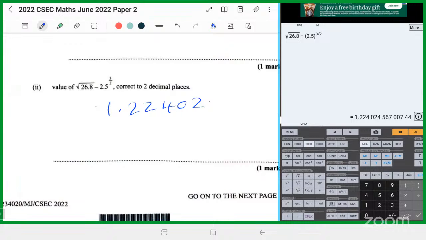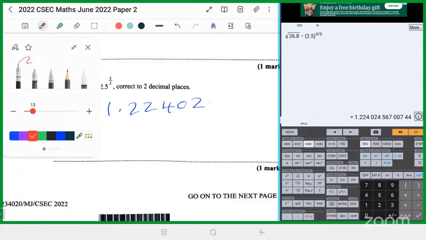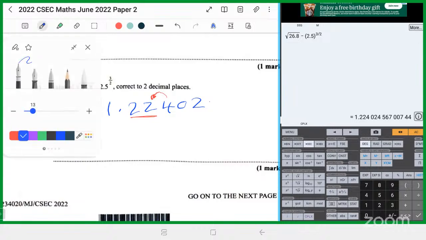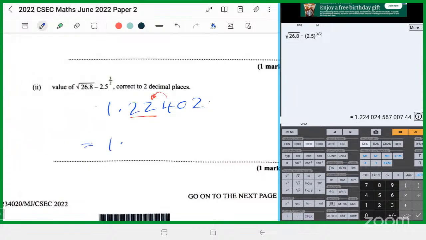But I only want it to 2 decimal places. The third decimal place does not change it. It remains 122. So to 2 decimal places, it is 1.22.